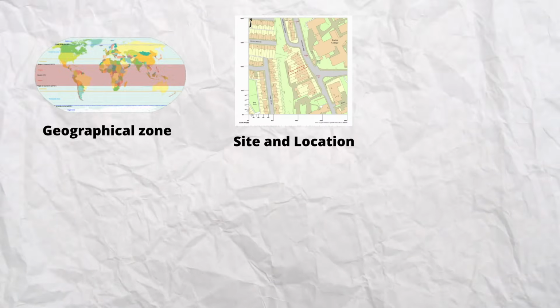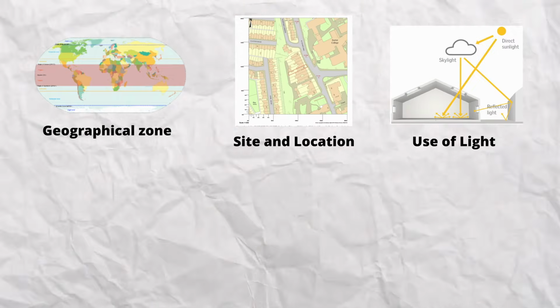Also, when creating a project, they take into consideration the geographical zone, site and location, use of light, urban design, and even cultural aspects. The project timeline can be even a few months, but mostly it goes to a few years.